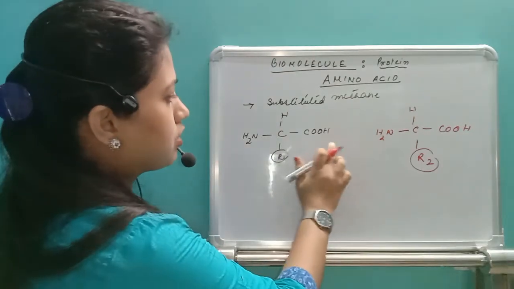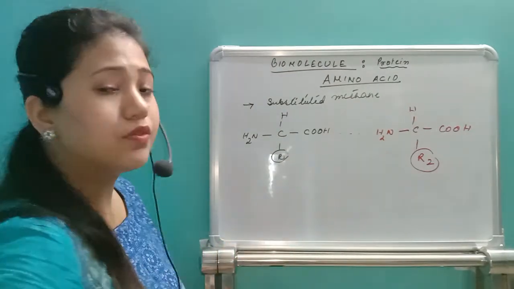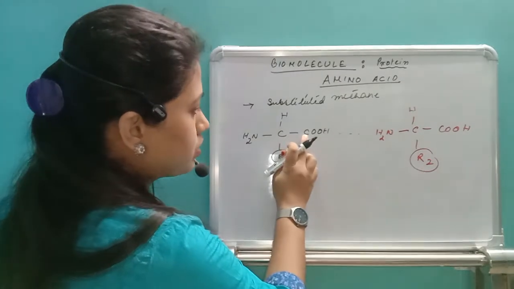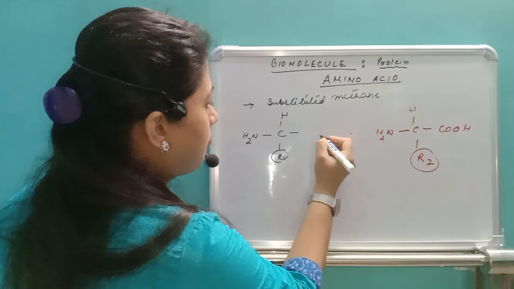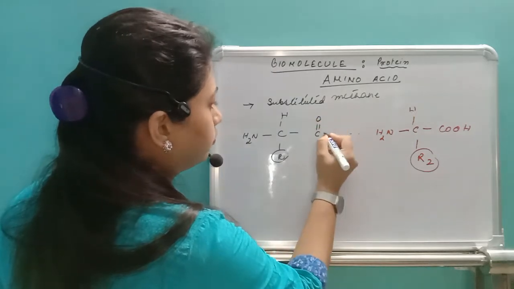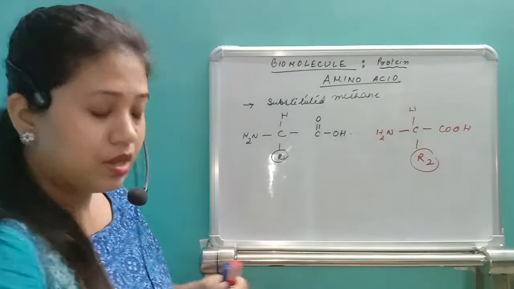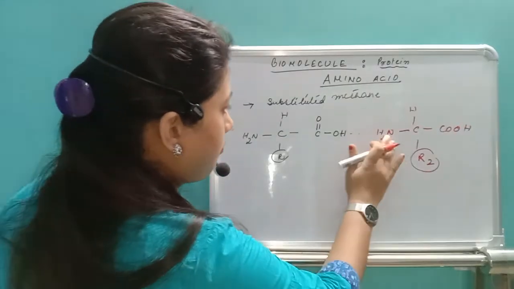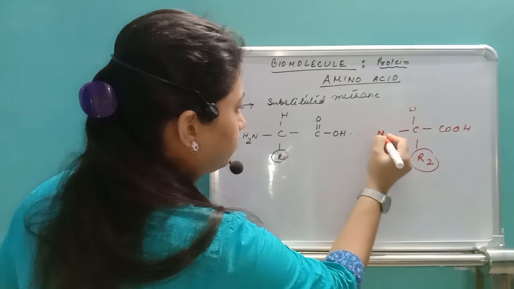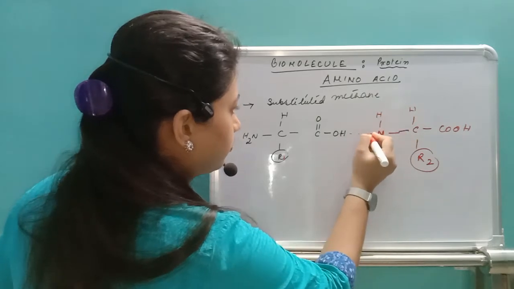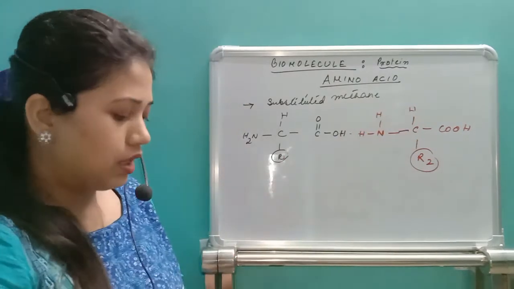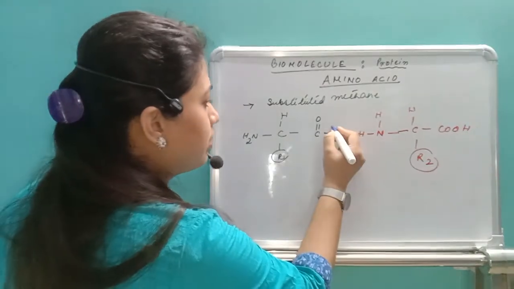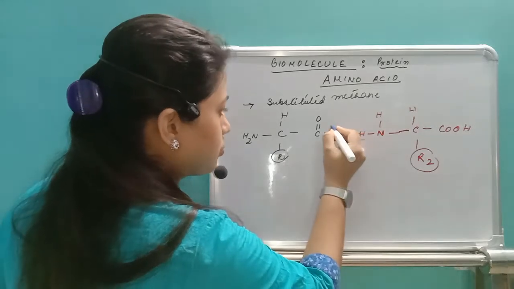Now in this we will have a bond. How will they have the bond? You can write this structure like this, the carboxylic acid, and here you can write like this. Now what happens here is that we will have the bond that will be called the peptide bond.